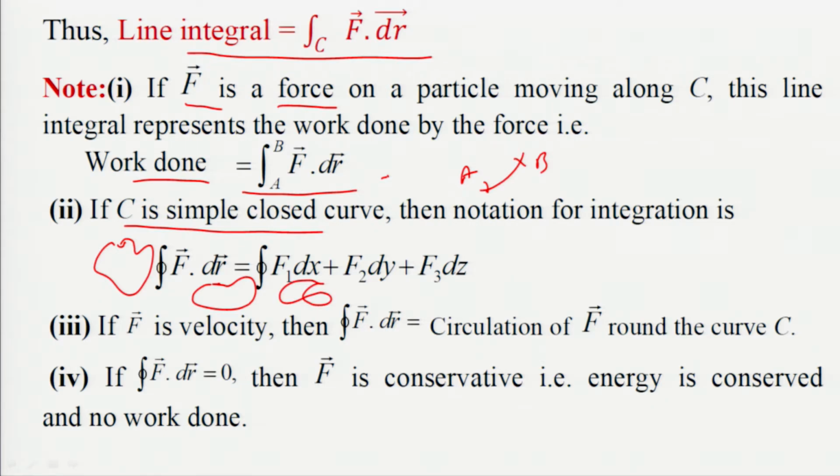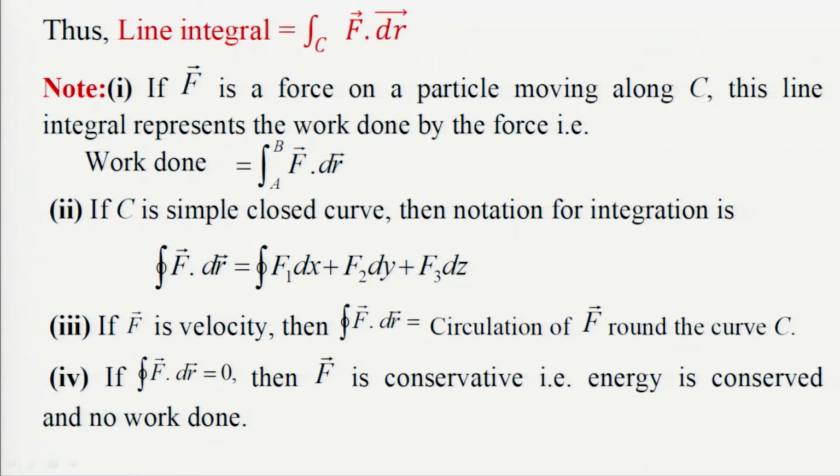So, if you consider C as a simple closed curve, then the notation of the line integral becomes in this form. If we write in this form, it means the curve is a simple closed curve, that is, the path of integration is closed.